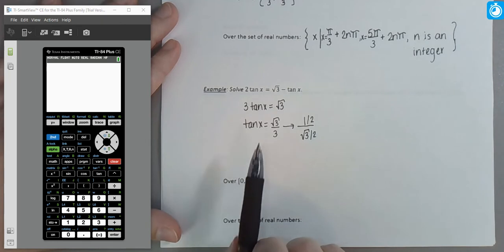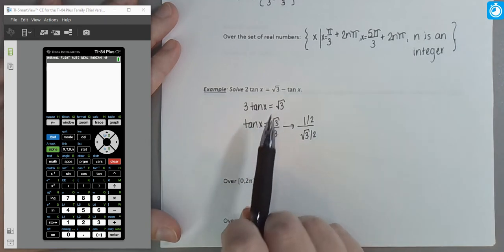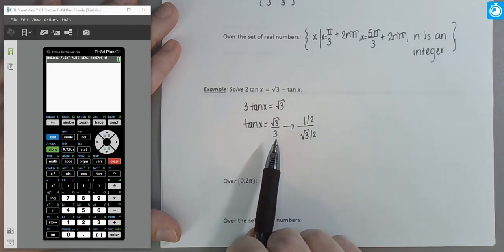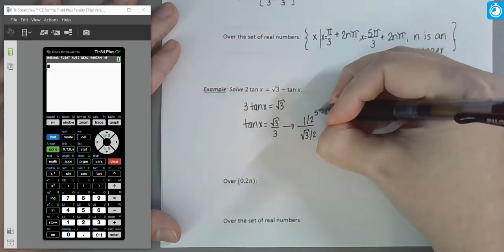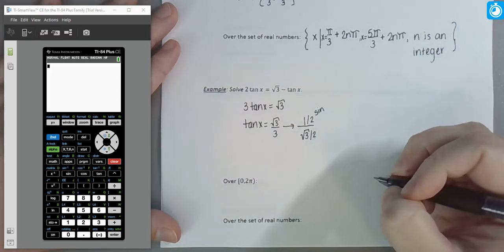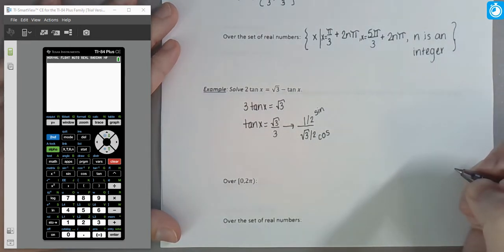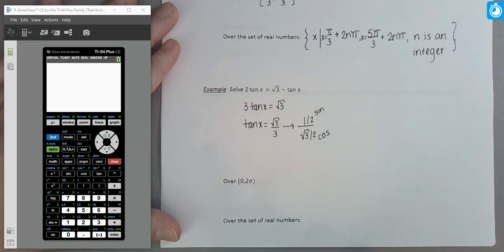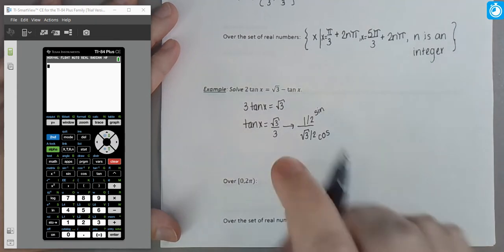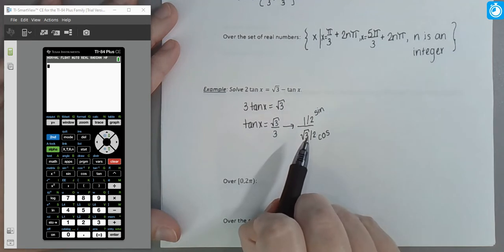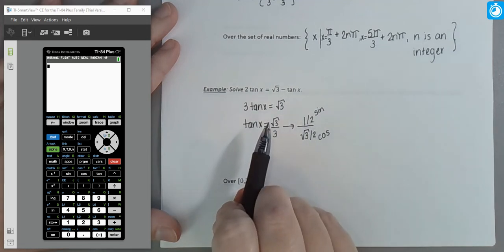So one possibility, in order to have a value for tangent that's root 3 over 3, is that our sine is 1/2 and our cosine is root 3 over 2. Now, this is kind of a subtle thing, but there's also another possibility. We're taking a ratio of two values, and the ratio comes out positive.